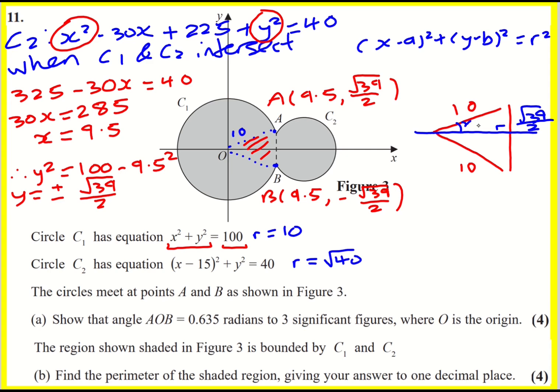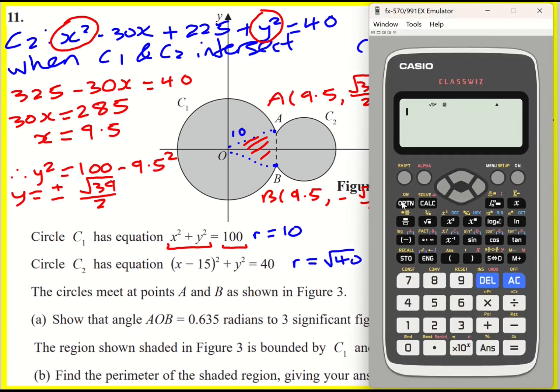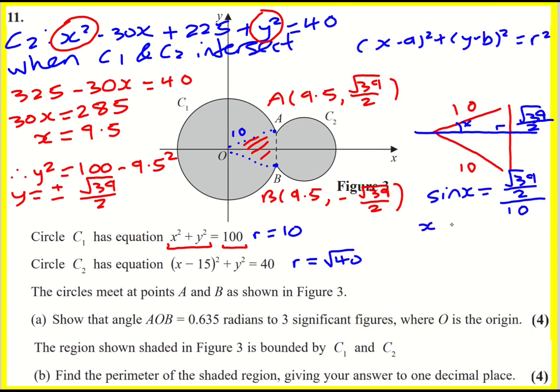So let me call this x. Then it must be that sine x is equal to root 39/2 over 10. So actually it's going to become root 39/20, and then I can do inverse sine of that. We get 0.3175.